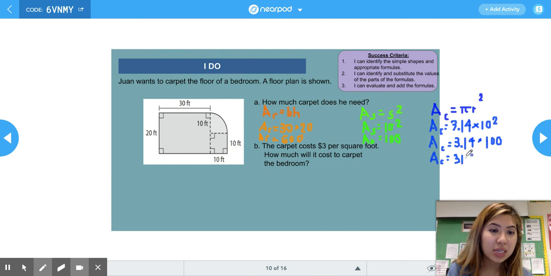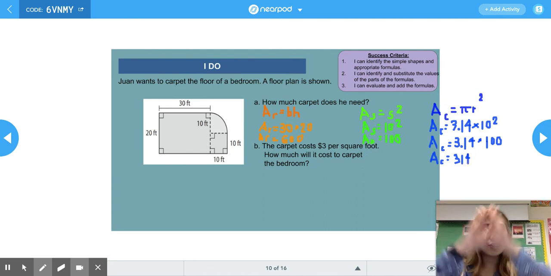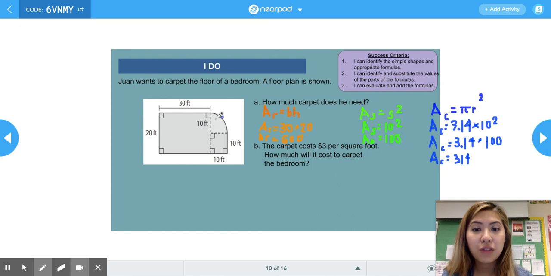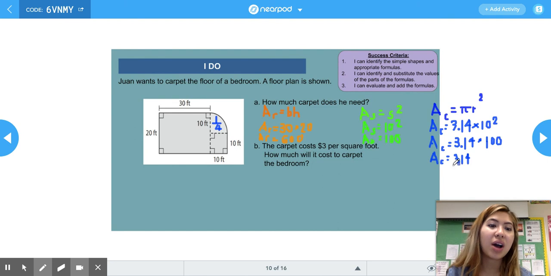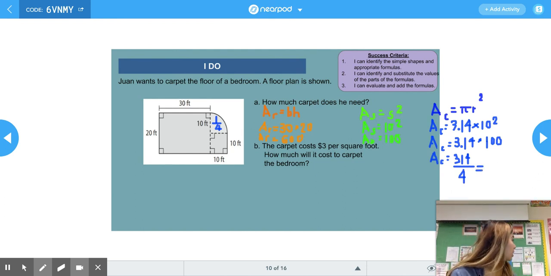So 314 feet squared is the area of the full circle. But since this is 1/4 of a full circle, or a quarter of a circle, we actually have to divide the 314 divided by 4 to find just this quarter of a circle's area. And 314 divided by 4 is 78.5.